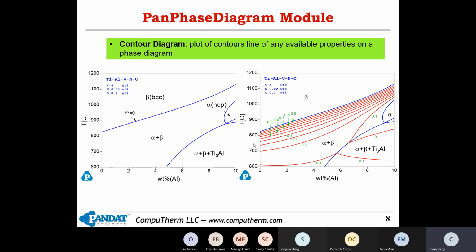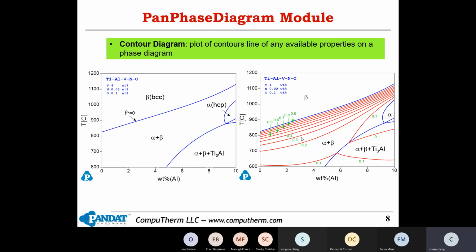But with the calculated contour lines for the beta phase fraction, you can superimpose them in the same diagram, as shown in the red lines. The numbers indicate the fraction of the beta phase. From this type of calculation, we can easily select the proper alloy composition and heat treatment temperature to achieve the desired microstructure with a certain fraction of beta phase.